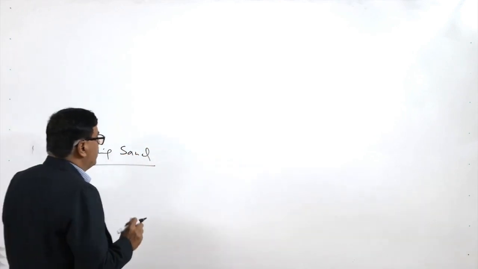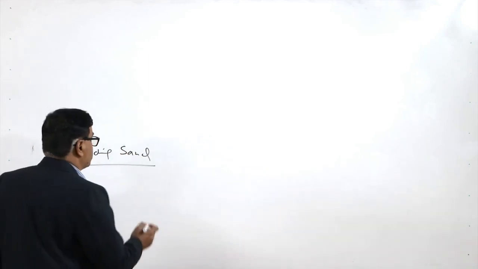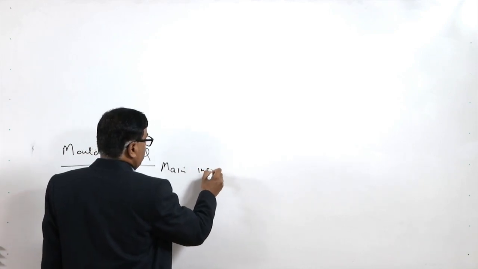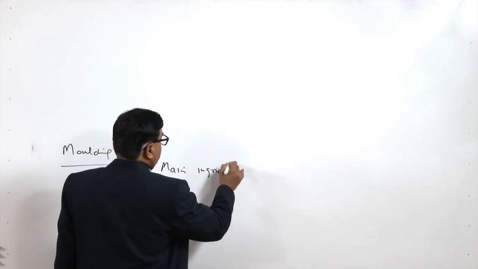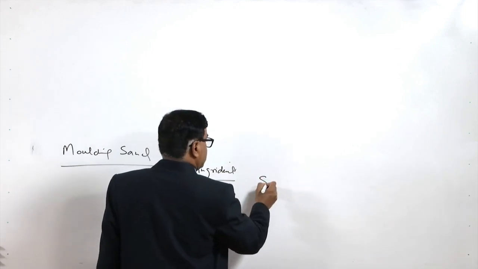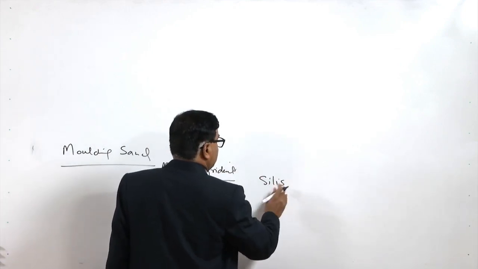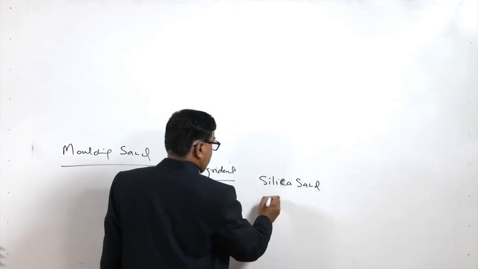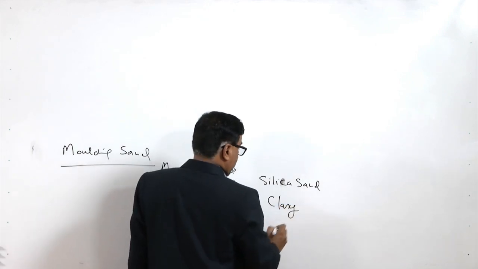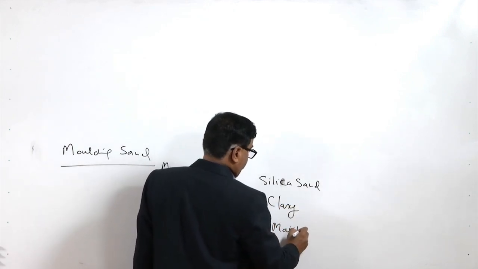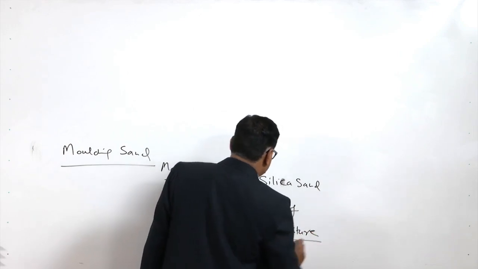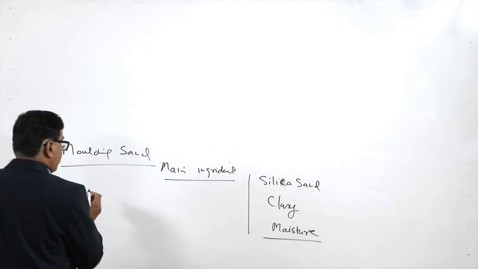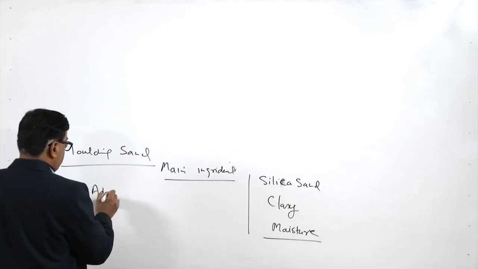Basically there are 3 important ingredients besides some additives. The main ingredients are silica sand or the sand, then clay and moisture.